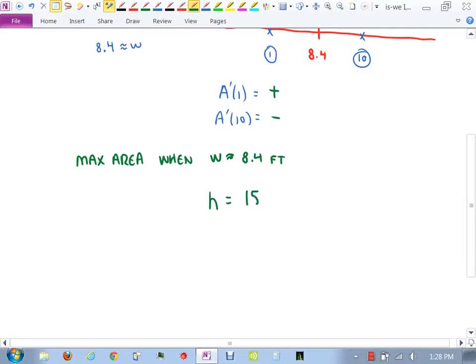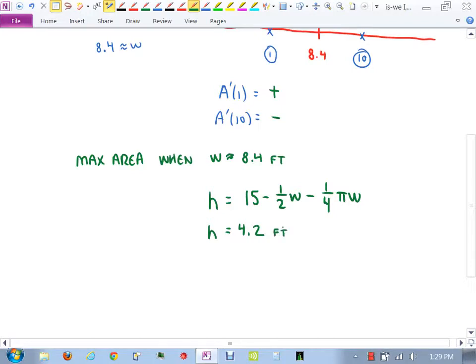Was that it? Okay. So plug in 8.4. I'm getting something like 4.2 feet.